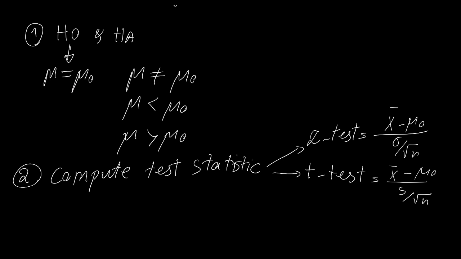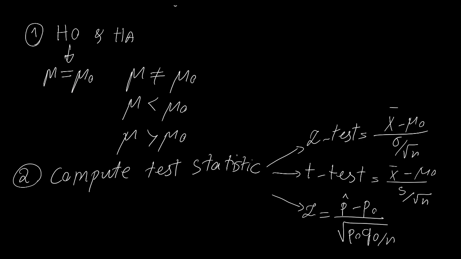If we have a proportion, then again we use z, and the z-test here is equal to p hat minus p0 over square root of p0 times q0 divided by n.